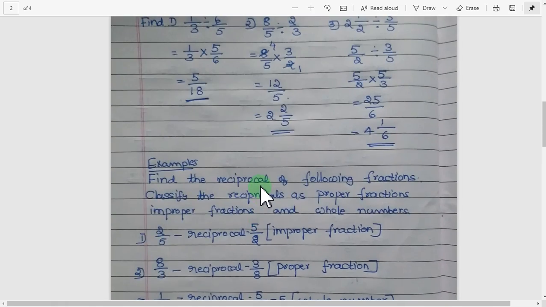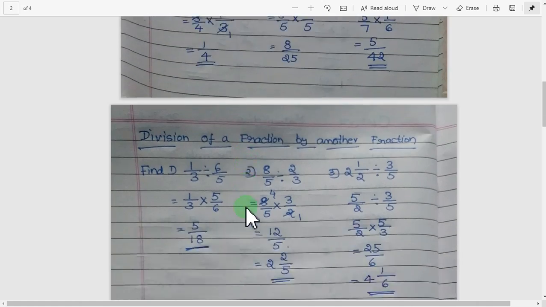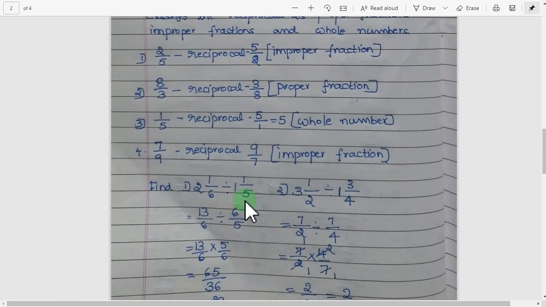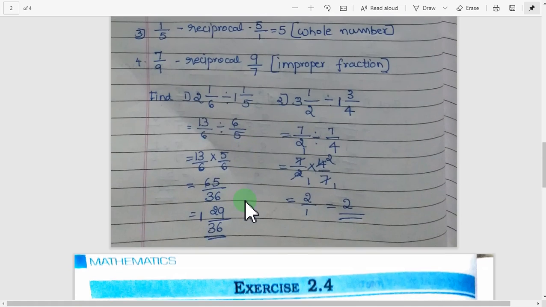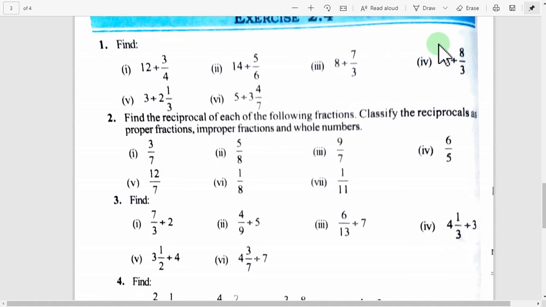So these are example sums, and by referring to the example sums, similar sums are there in the exercise. Whenever doubt arises, refer to the example sums, understand them and do the exercise sums. Exercise 2.4: this type of sum, first division of a whole number by a fraction and finding the reciprocal.